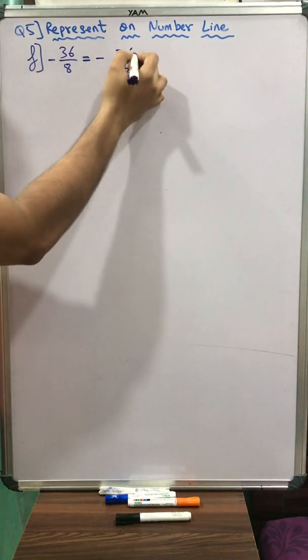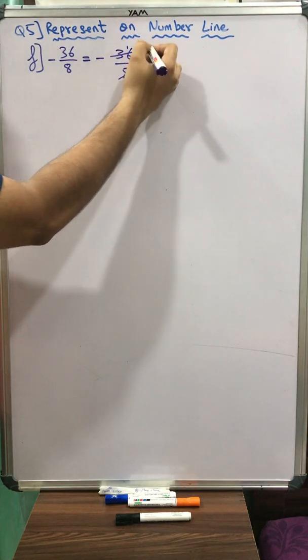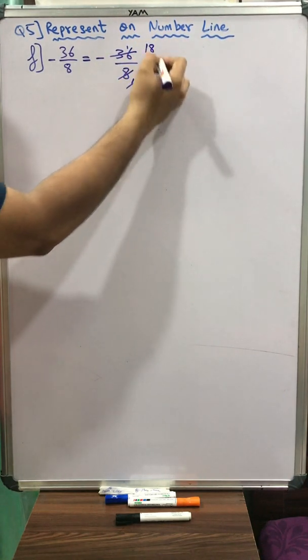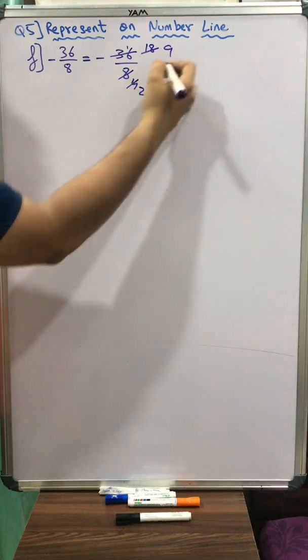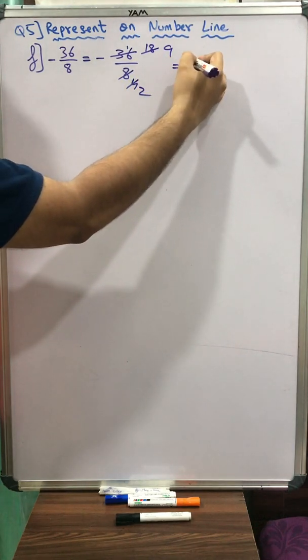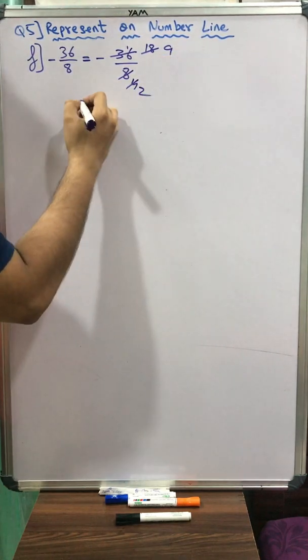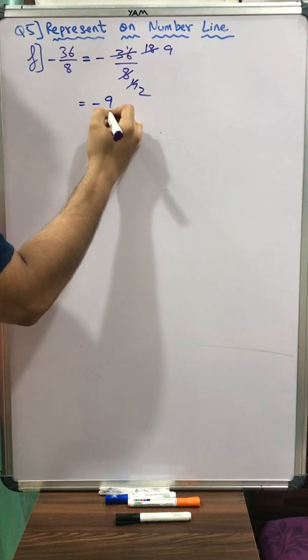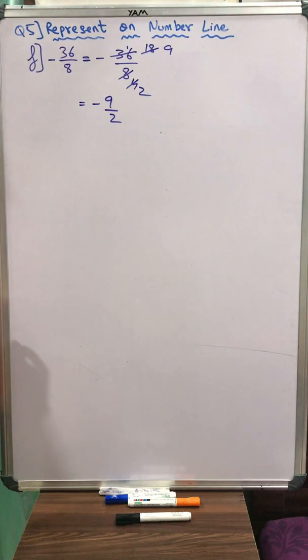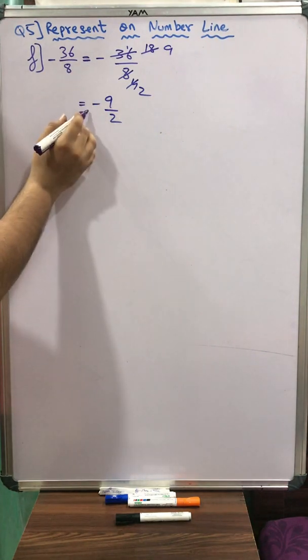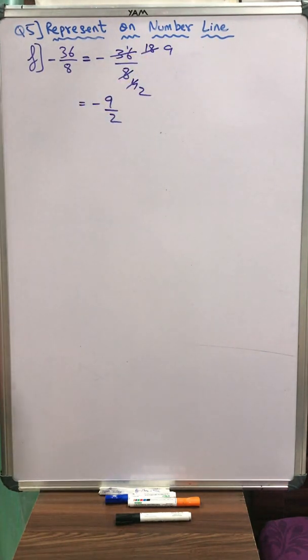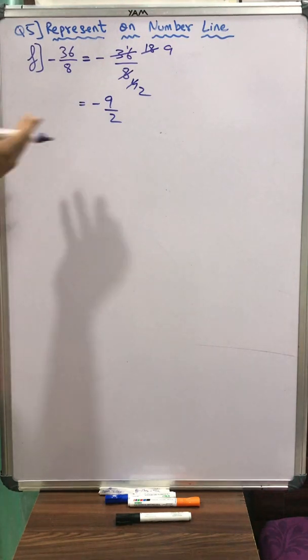2 4s are 8, 2 9s are 18. Okay students, so I'll get here minus 9 upon 2. Minus as it is, minus 9 upon 2. Once again students, if you observe this, what type of fraction is it?